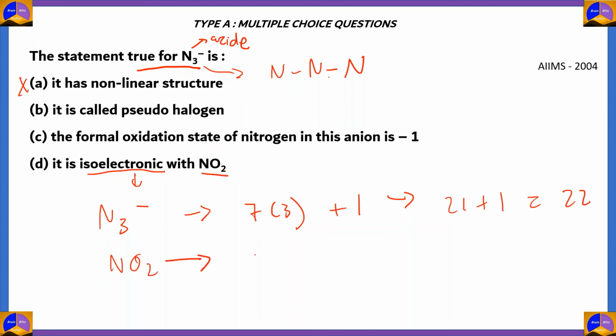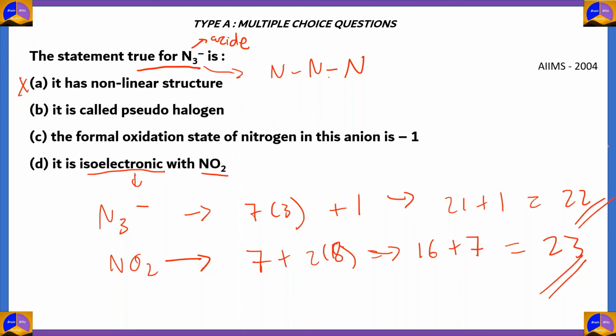Nitrogen dioxide has 7 plus 2 times 8. So that is 16 plus 7, which is equal to 23. So therefore, as you can see, azide ion is not isoelectronic with NO2. So option D is also incorrect.